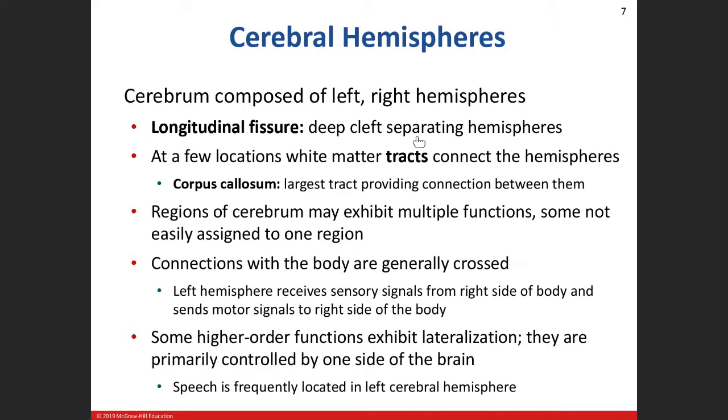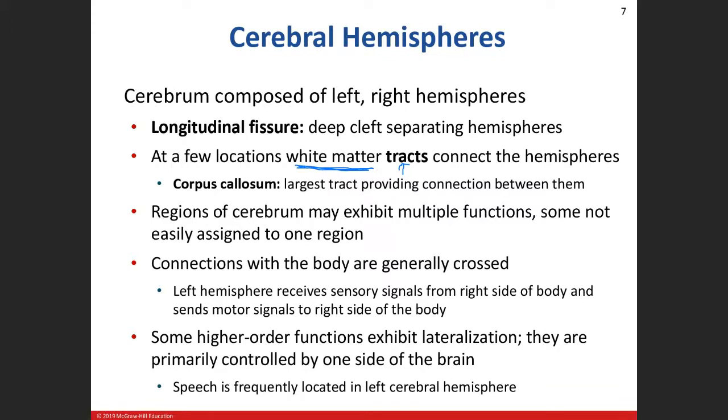So wherever you see white matter, as you read through this slide, it says at a few locations, white matter, your brain is thinking, oh, okay, white matter, myelinated axons. Bang. That's what white matter is. Nothing else. In the central nervous system, we refer to white matter as tracts. You need to know that. Because when we get into the peripheral nervous system, we refer to white matter as what?